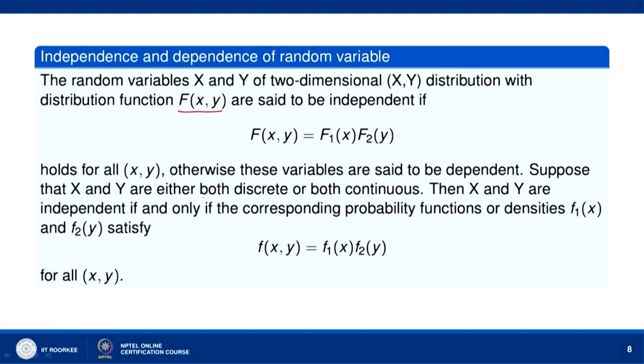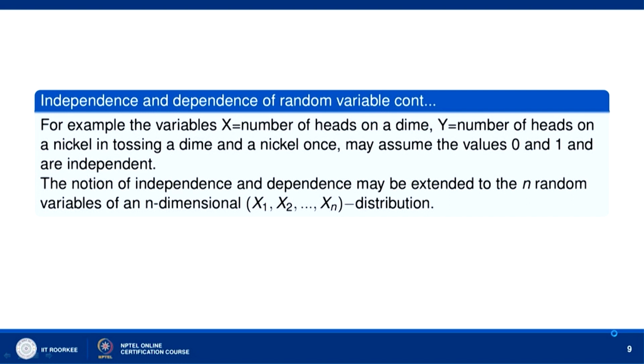Suppose that x and y are both continuous, then x and y are independent if and only if the corresponding probability functions or densities f1(x) and f2(y) satisfy f(x,y) equal to f1(x) into f2(y) for all x, y.